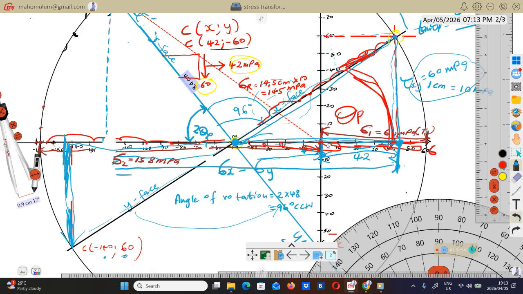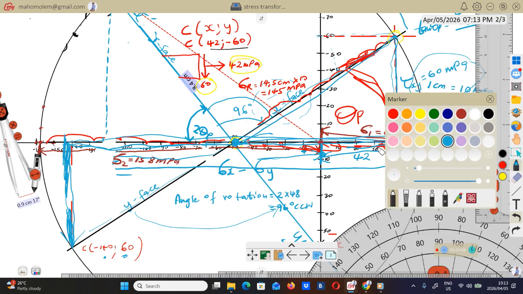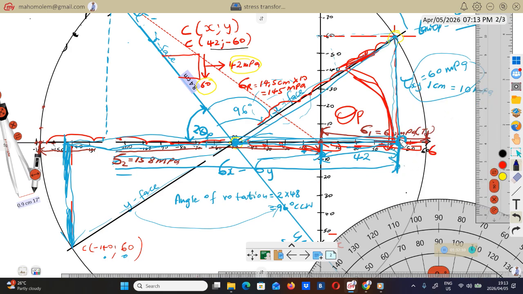To find it, we must firstly find the total distance, and after that we'll divide it by 2.